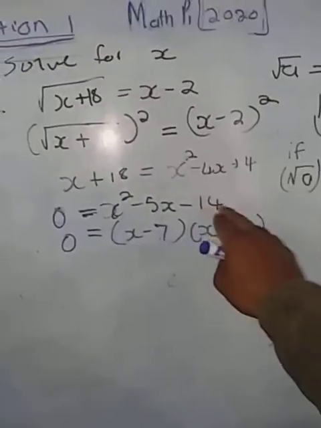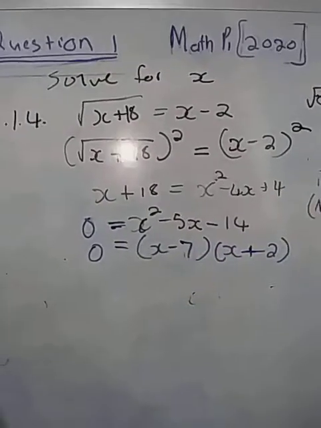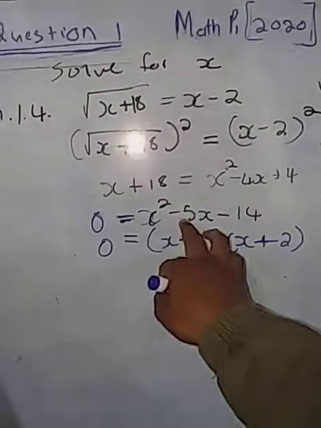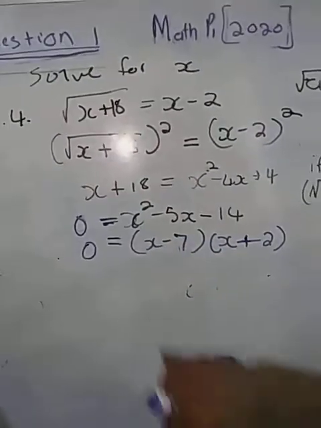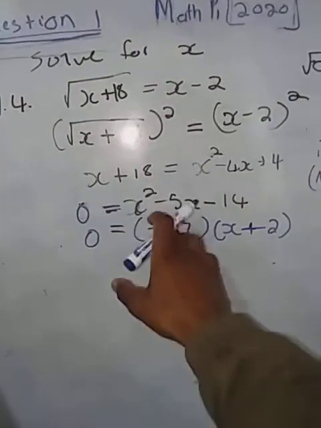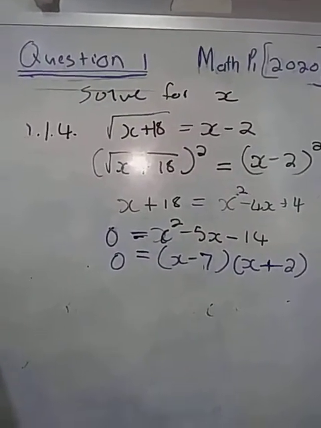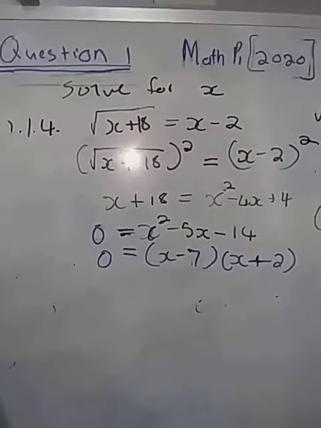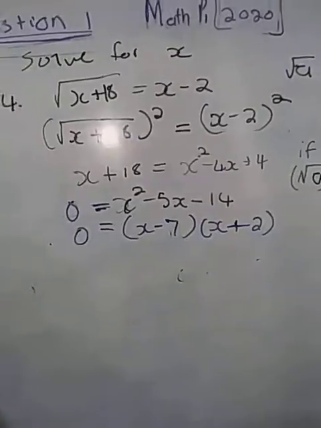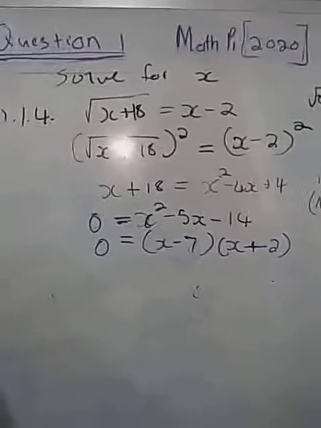So we look for the factors of 14 which, when we add or subtract them, give us 5.